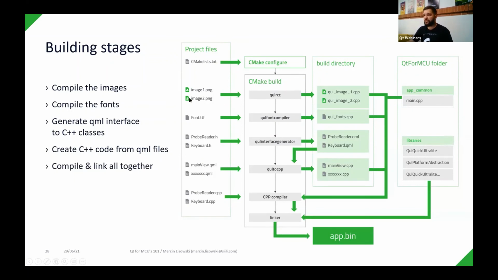So if you have any assets in your app, they will be prepared by the tool called QRCC. What it will do with those assets is convert them to the binary form, to bitmaps, or to the compressed formats known by Qt for MCUs, depending on what your needs are as defined in the CMakeLists.txt.